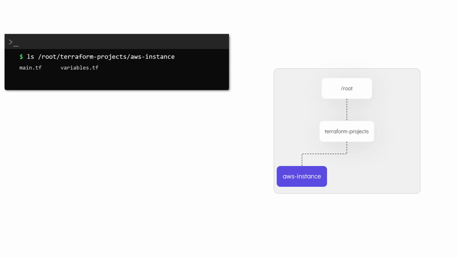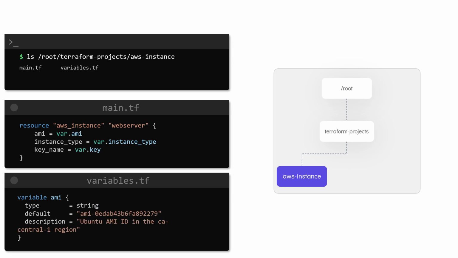This directory has Terraform configuration files that is used to create a simple EC2 instance in the AWS cloud as shown here. Since this directory has the Terraform configuration files, it is also a module. If we directly run Terraform commands from within this directory, as we've been doing so far, this directory is considered to be the root module.